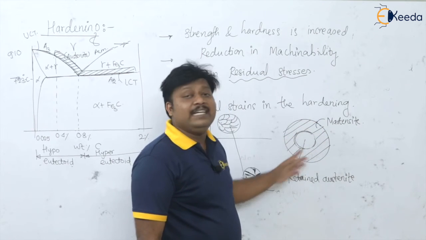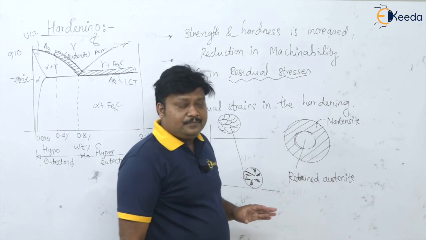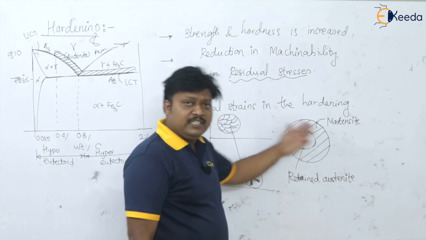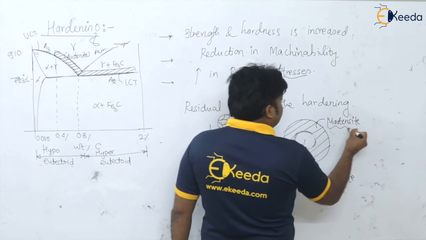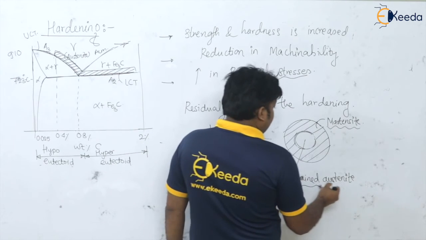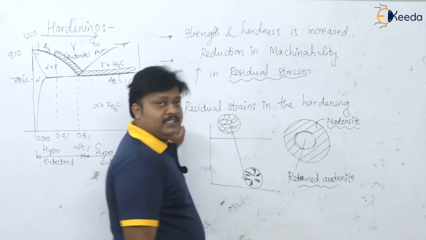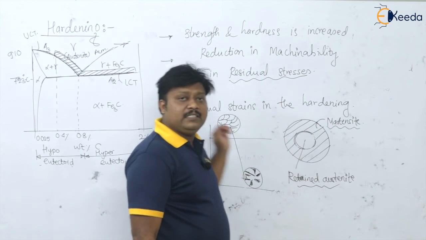So this is the retained austenite. If you can observe here, this is a single object or single specimen. Within that, the martensite is a very hard and brittle phase, isn't it? And compared to that, this retained austenite is a softer phase, isn't it?